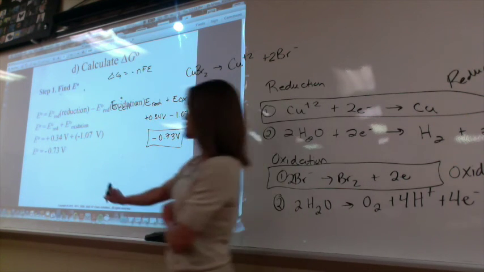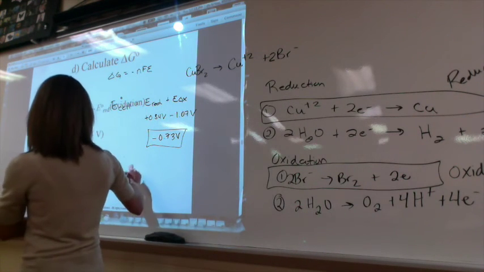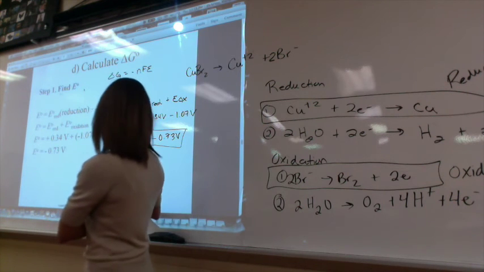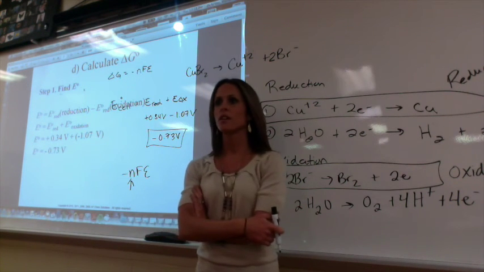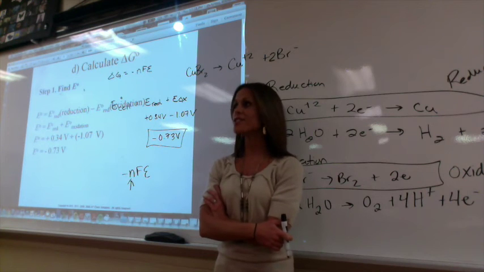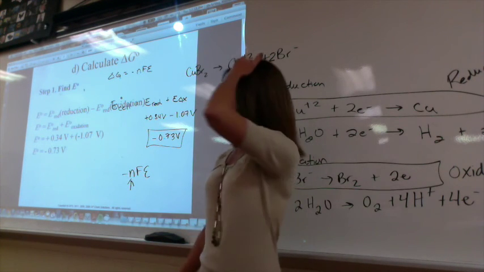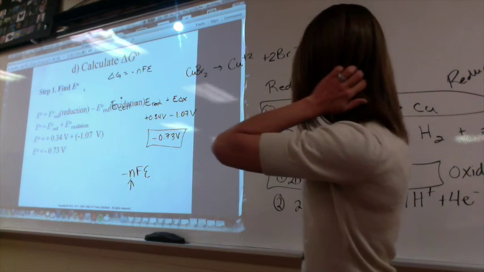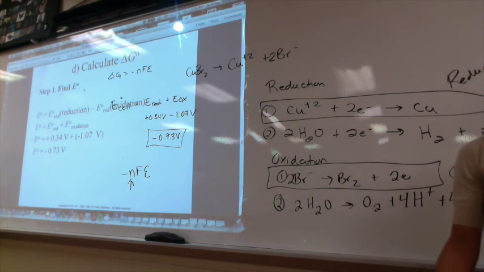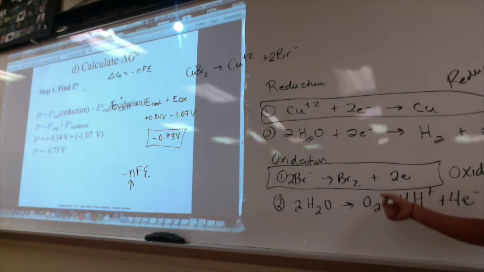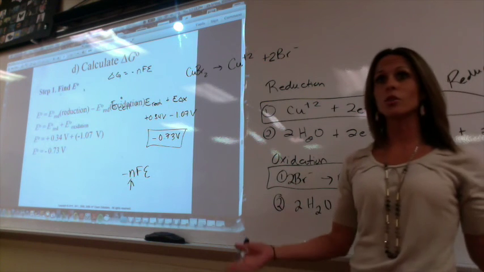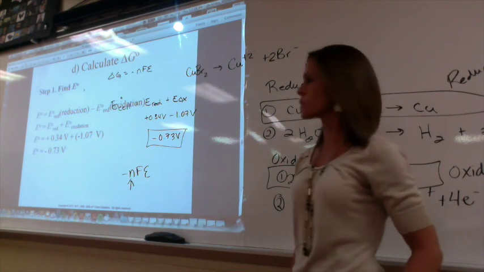Positive. So now we have to throw this into our negative nFE. What does n stand for? Moles of electrons transferred, not moles of anything else. So how many electrons got transferred in our overall reaction? 2, right? Because there was 2 transferred here and 2 transferred here. If it was 3 and 2, then it would be 6. You would use least common multiple.